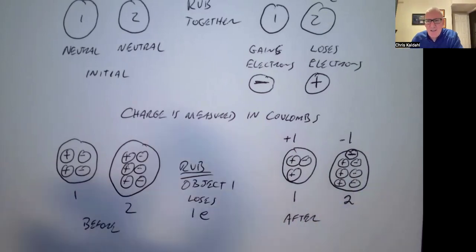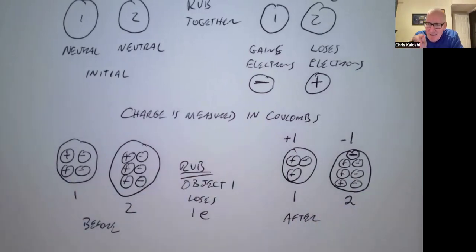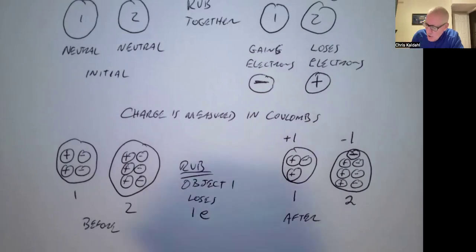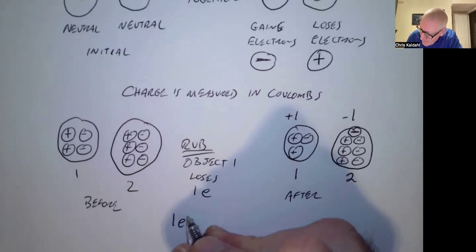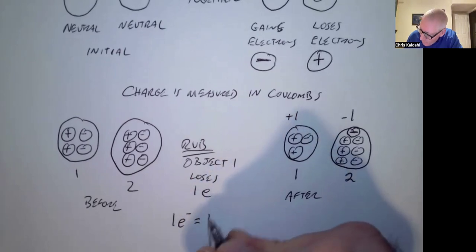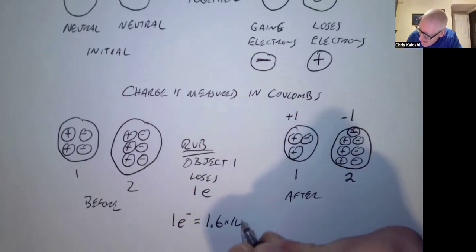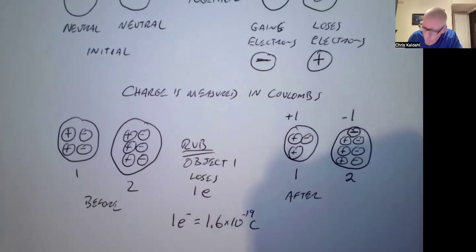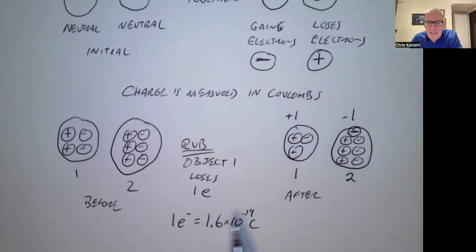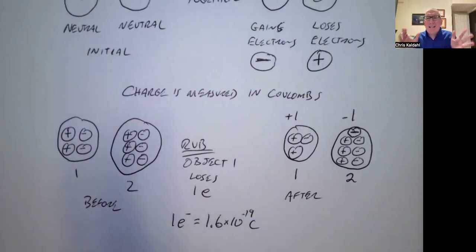but we're not going to use coulombs because it turns out that an individual electron has a very, very, very tiny amount of charge. 1 electron is 1.6 times 10 to the negative 19th coulomb. Now, I'm not going to get into this too much right now, but 10 to the negative 19th is a wicked tiny number. It's like 0.000000. There's lots of zeros there, and then eventually at the end there's a 1.6.